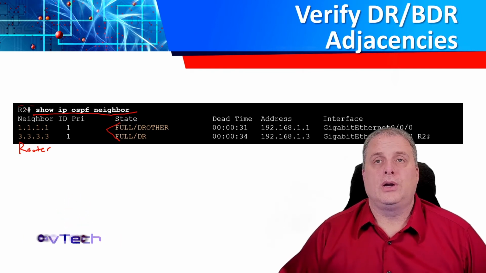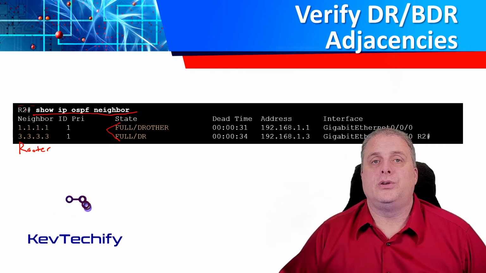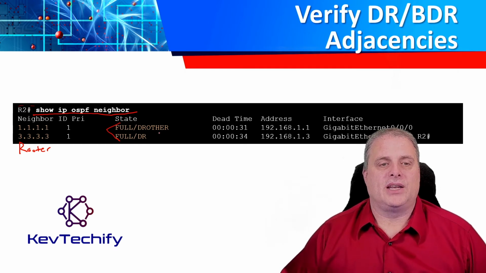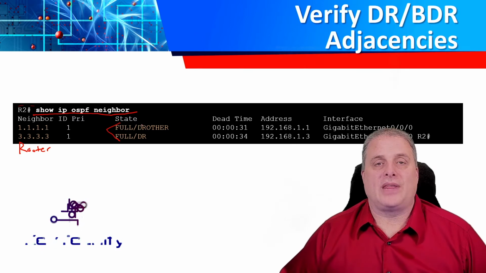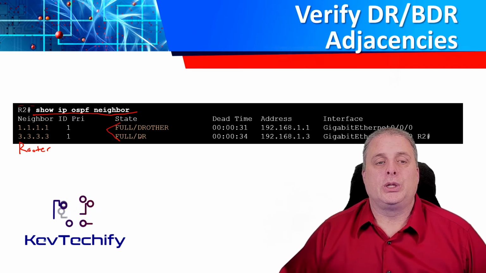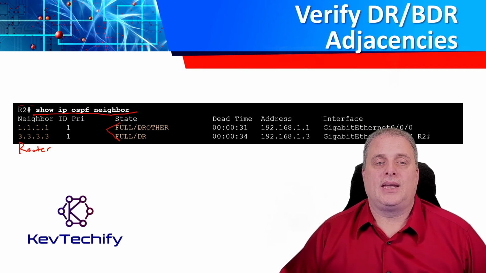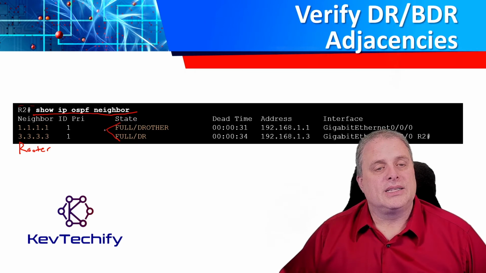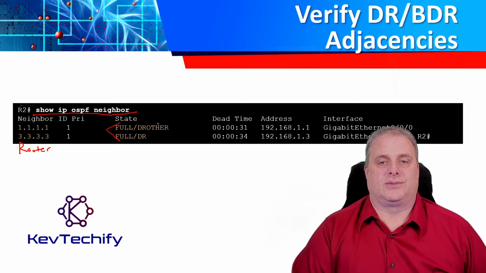Router 2 had that 2.2.2.2 router ID, which after the election process made it the backup designated router. And the backup designated router holds full conversations with everybody in the network, including the designated router and other devices that aren't the designated router or the backup designated router. It lists our information for us.